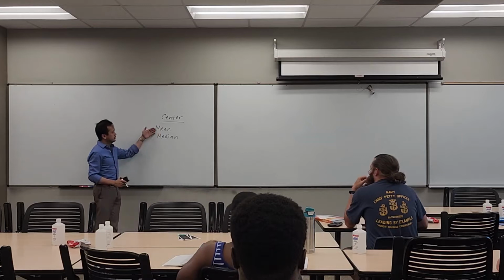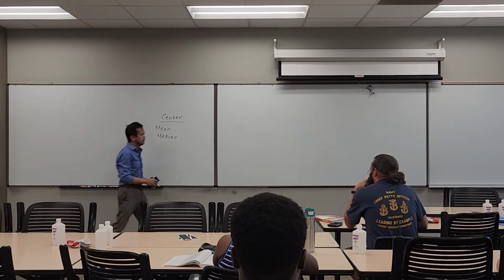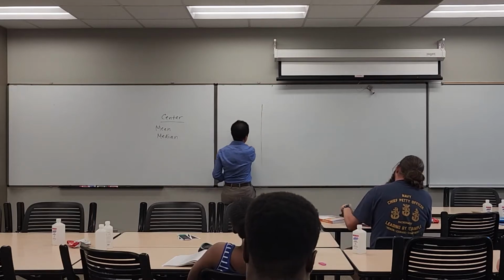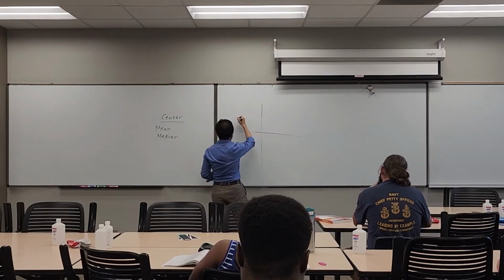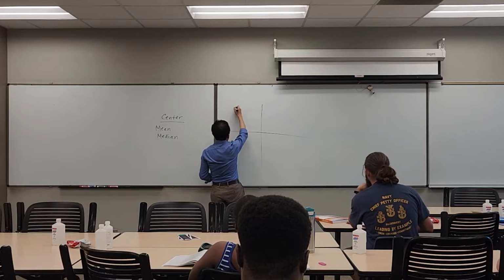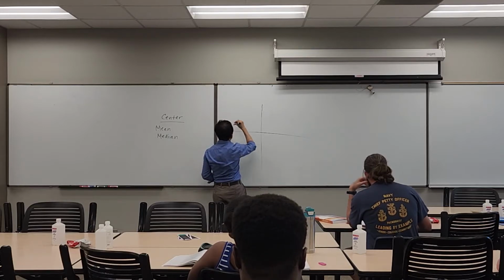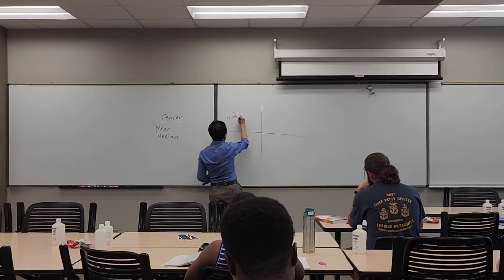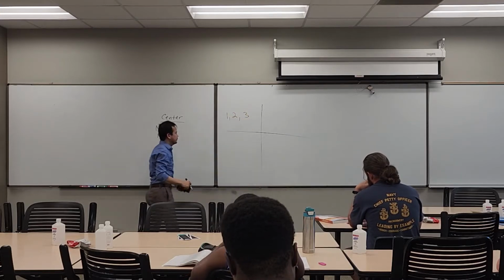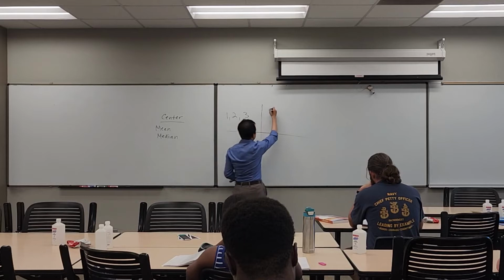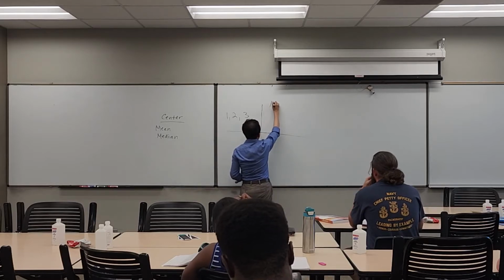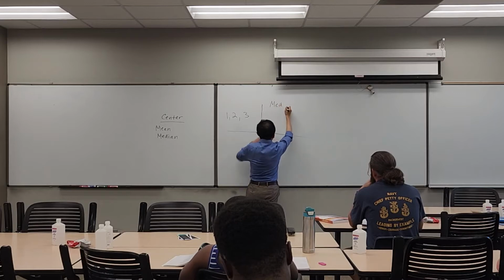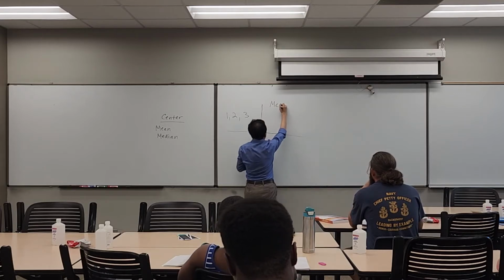So let's compare the two measures of center. Let's say we had a simple data set, simply the numbers 1, 2, and 3, and we wanted to compare the mean to the median.